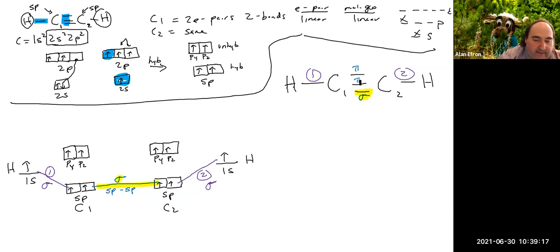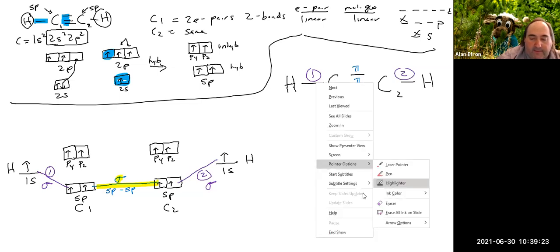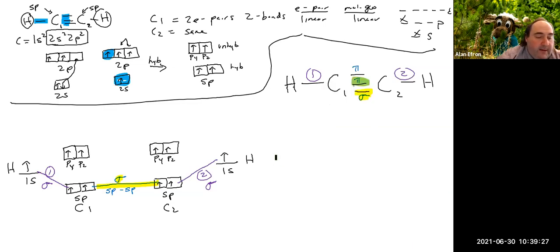So now we have our first pi bond that would occur, and maybe this guy here will come from these unhybridized p orbitals.